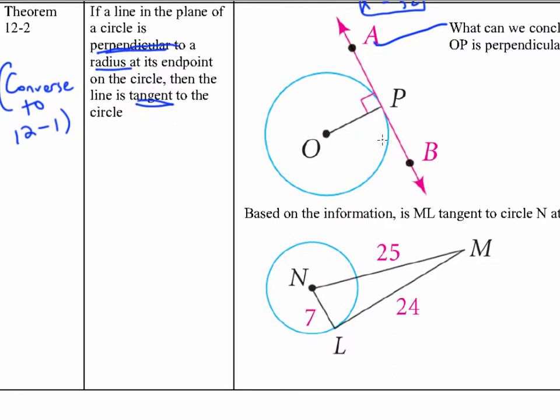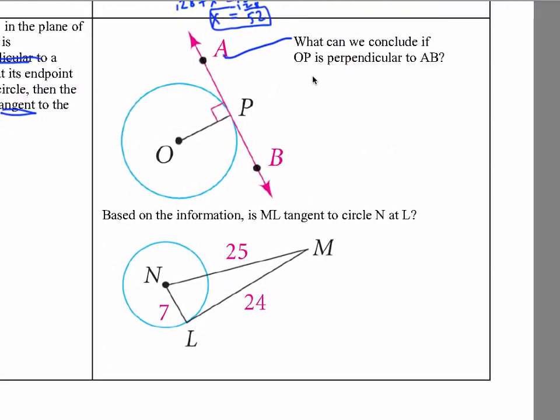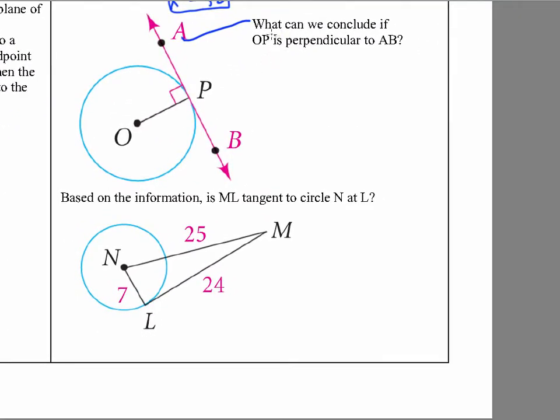So just to make that clear, come over here. What can we conclude if OP is perpendicular to AB? I should add the little mark: OP is perpendicular to line AB. Well, OP is a radius, so that's good.